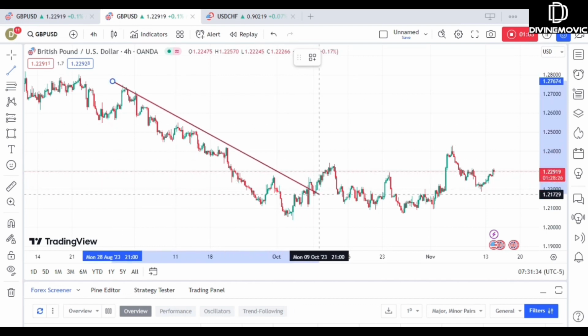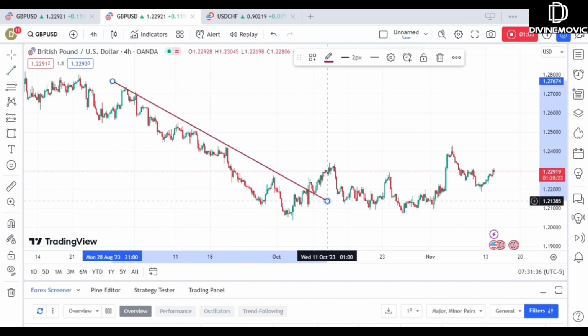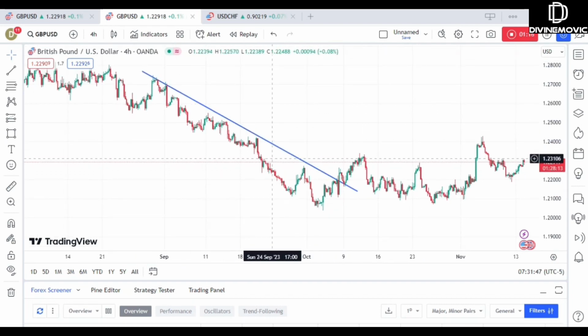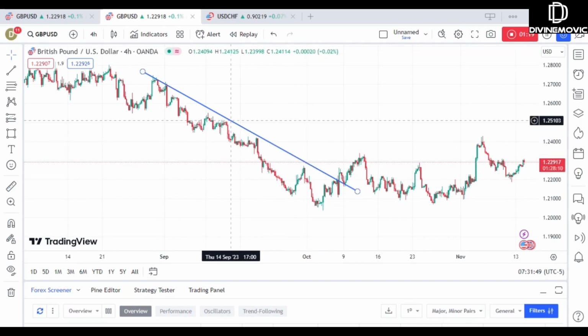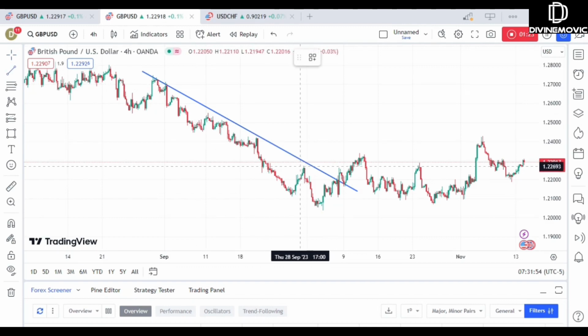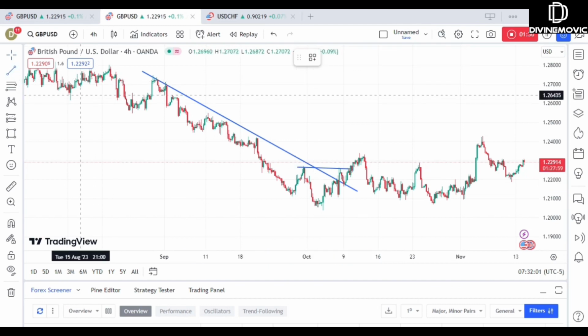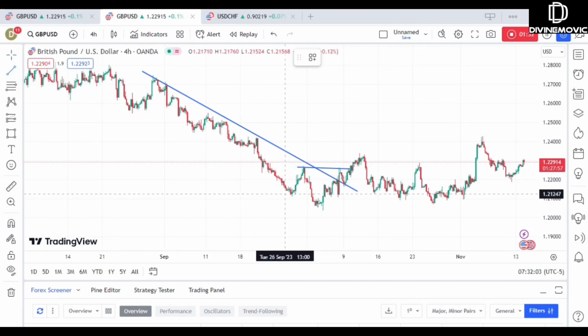If you look closely here, you'll see that from here, market was in a downtrend, and all you can see is a series of highs and lows. The last swing high for this trend was here, and the low that gave us that swing high was this low here.